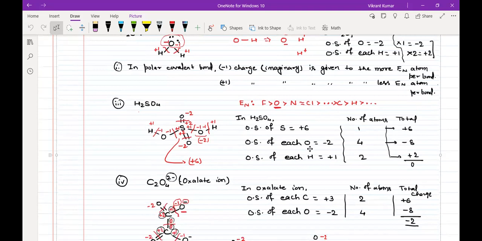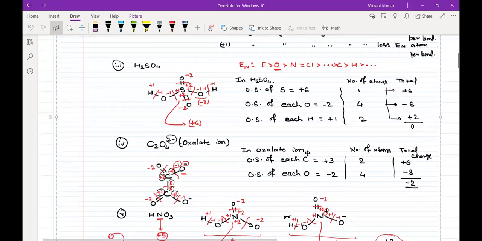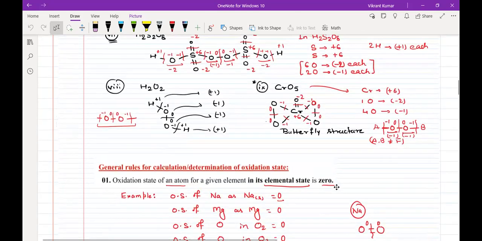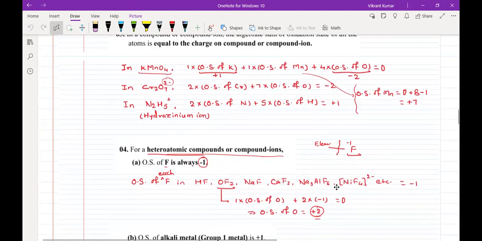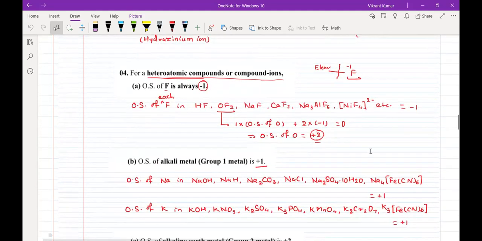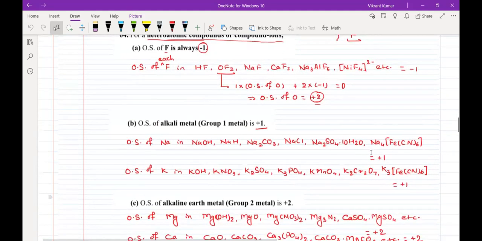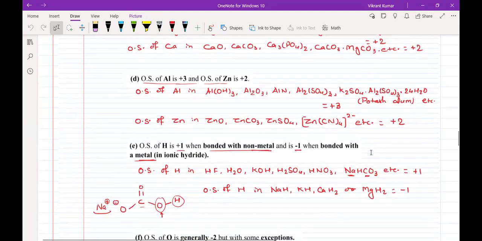Tell me. In the fourth one, for heteroatomic compounds or compound ions, the oxidation state of H is +1. That I didn't understand. What I told you: H can be bonded with a metal, H can be bonded with a non-metal.